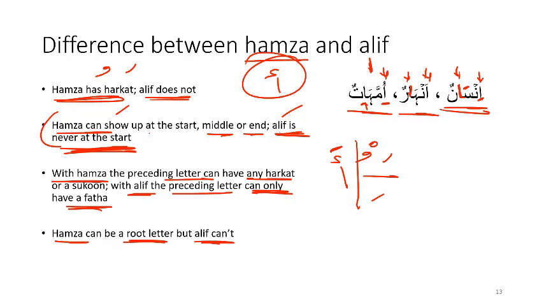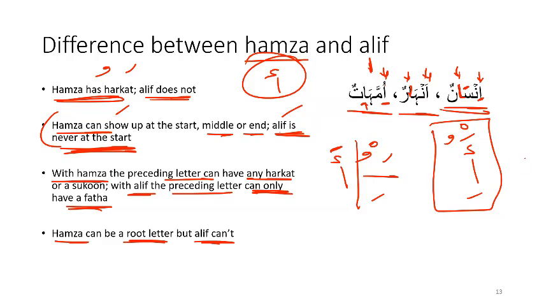That it will have a harkat. It may be silent or it may not be. Yeah, exactly. Hamza will always have some harkat. It might have a fatha or a kasra or a dhamma or a sukoon.